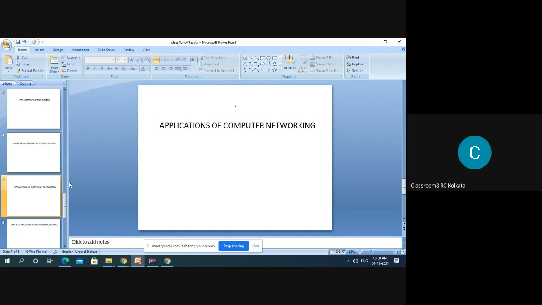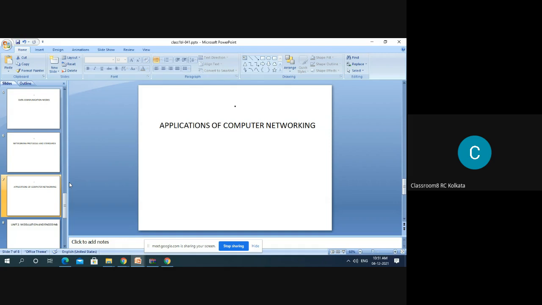The main concept is that you can share something. Someone stores his data, and you can share this data. Suppose in your organization there are many computers but only one printer. You can share this printer, and for this you should use a network. If you want to buy 10 printers for 10 computers, it is costly and expensive. You can use only one printer and share it over the network.